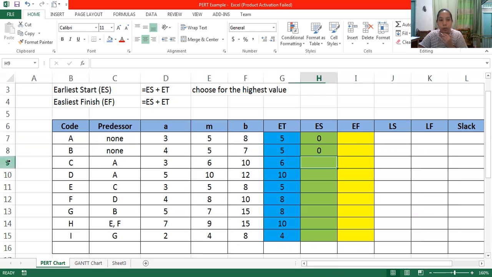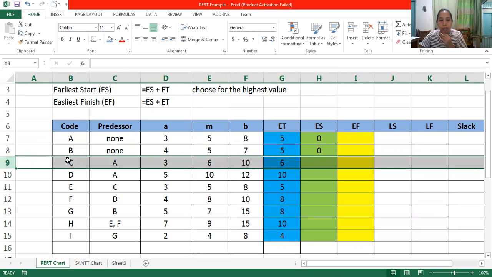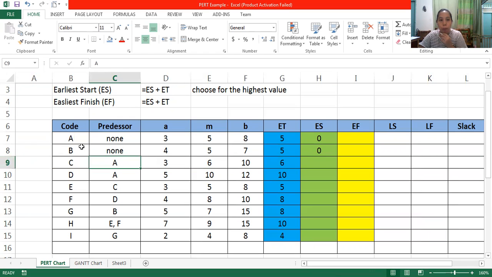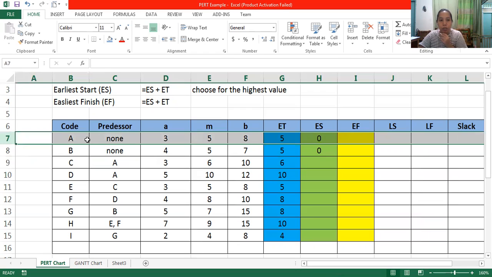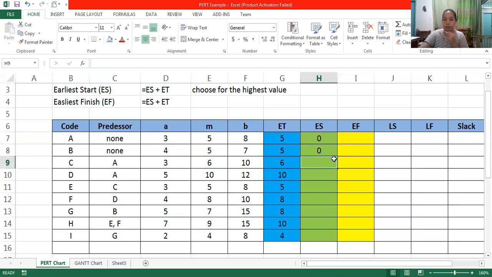The ES and ET of A are 0 and 5. So 0 plus 5, that is 5.